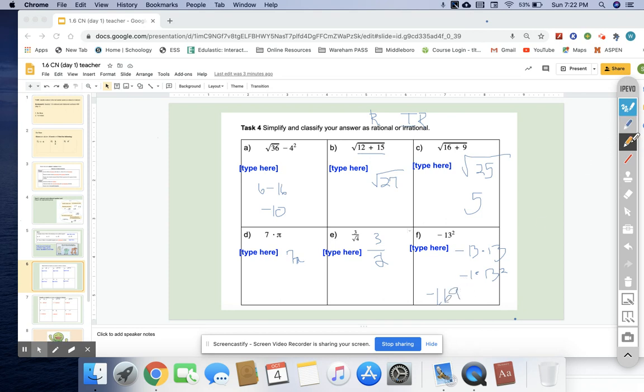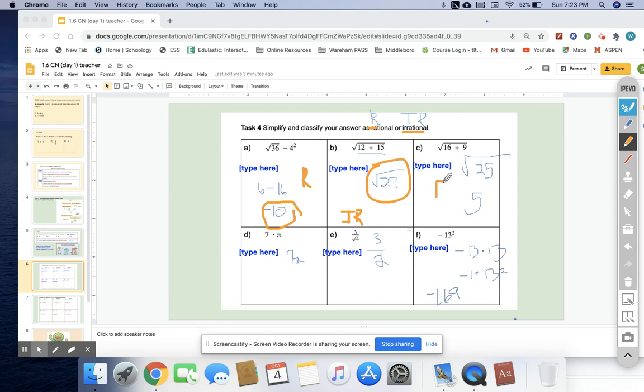Now I'm going to go through and classify as rational or irrational. So having an answer of negative 10 makes this rational. The square root of 27 is a non-perfect square, so that's irrational. 5 can be written as a fraction.